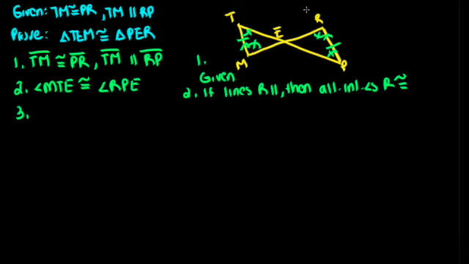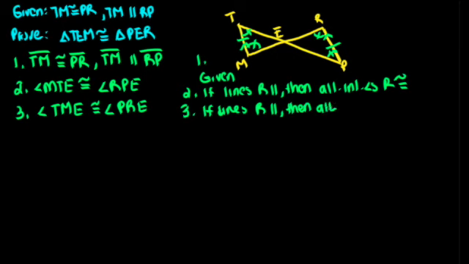So let's go ahead and write this out as well. Now for our final step. Remember that we still need to prove that triangle TEM is congruent to triangle PER.